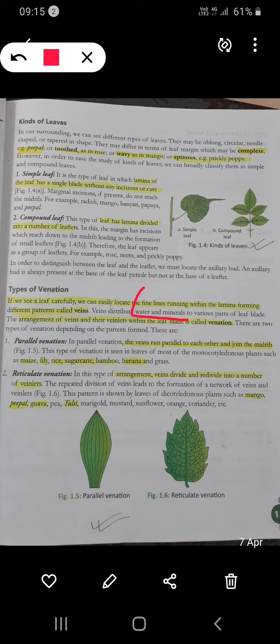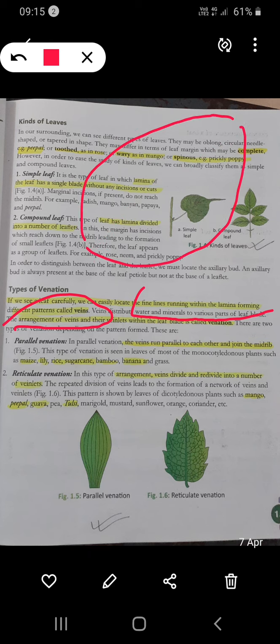Fine lines running within the lamina, forming different patterns, are called veins. We know these lines are called veins. You can see here, suppose it is a leaf.